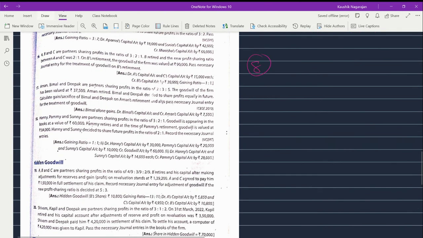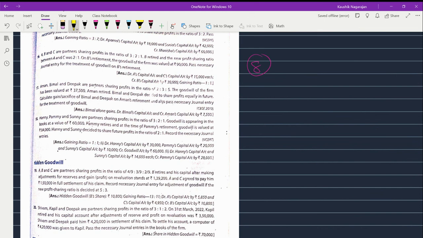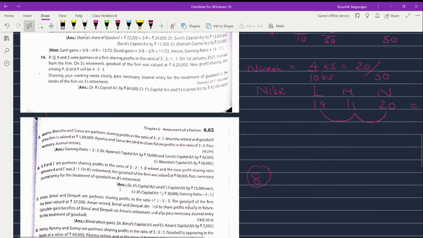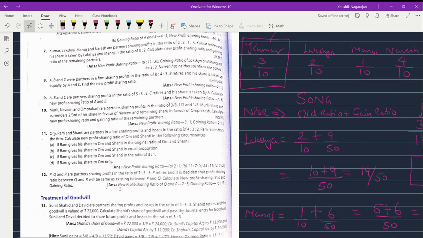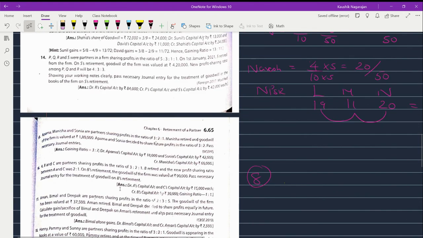So what is given in problem number 8? Let's work out the problem number 8. In the question, it was mentioned that there are three partners A, B, C in a firm sharing profits and losses in the ratio of 8 is to 4 is to 3. Right?